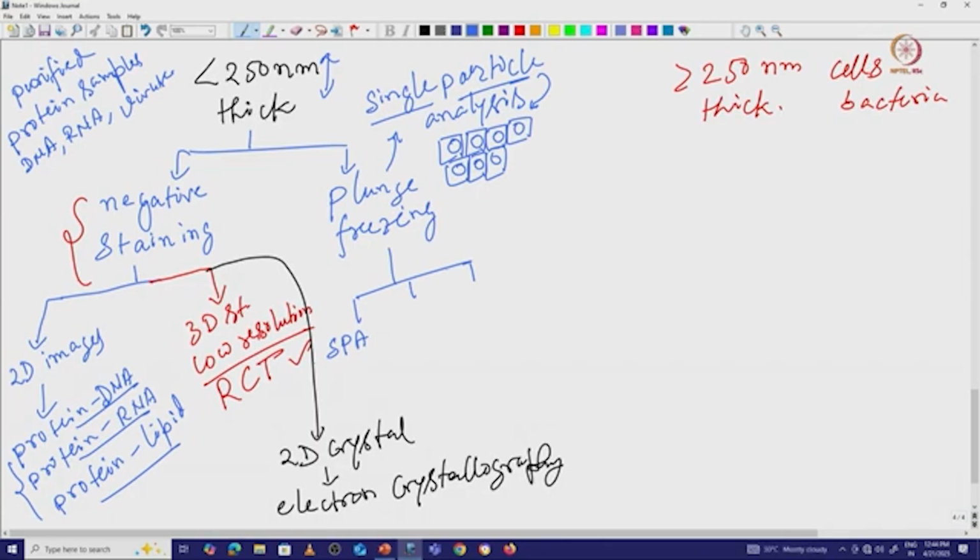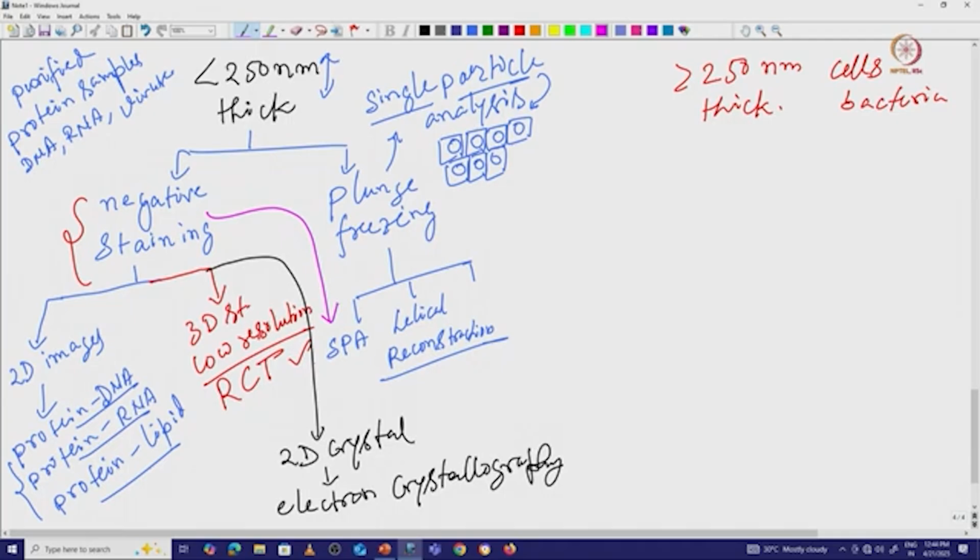What else can we use it for? We can use it for helical reconstruction. Sometimes negative staining can also be used for single particle analysis. So, this is our plunge freezing.